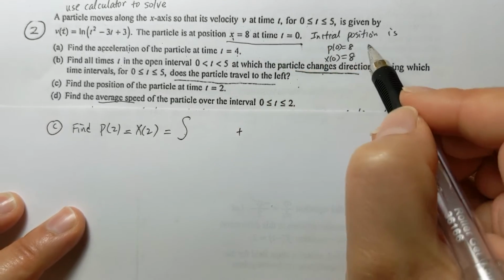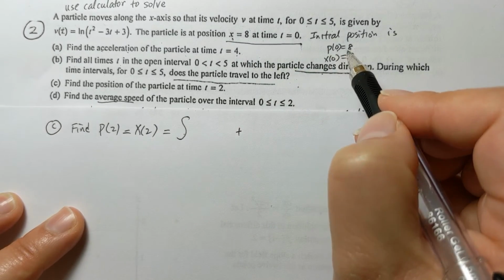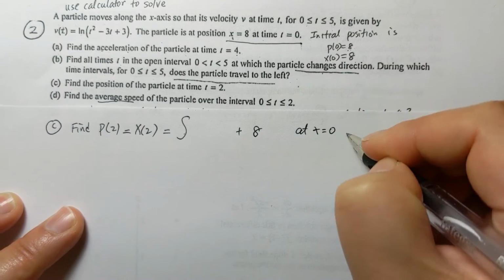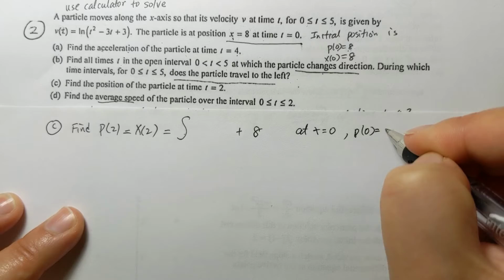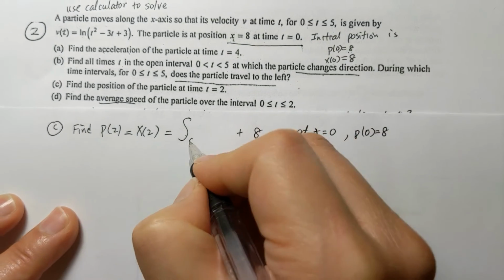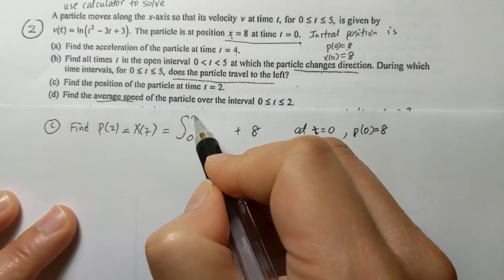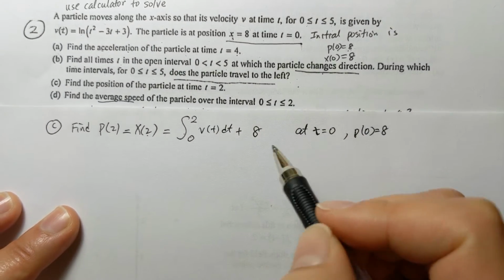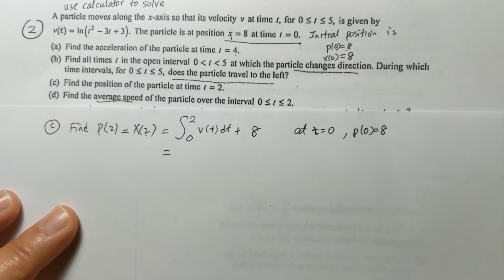So the initial position is at t equal 0, p of 0 equal to 8. So we begin with the integral from 0 to 2 of v of t dt. Now we're going to type this into our calculator.